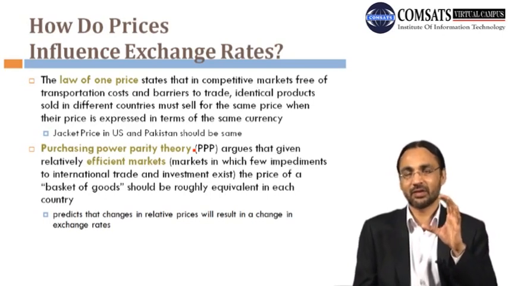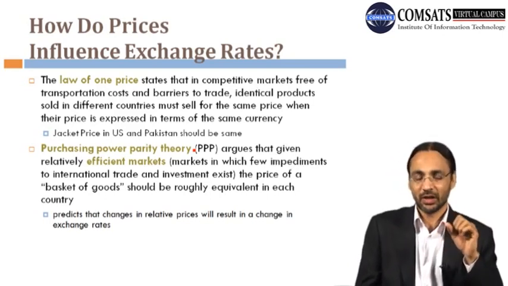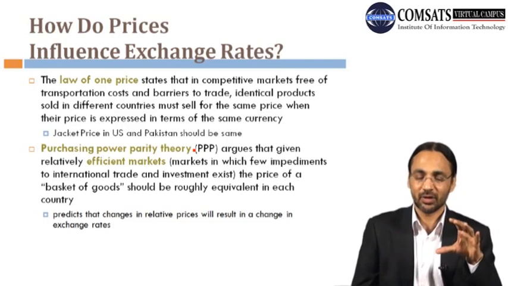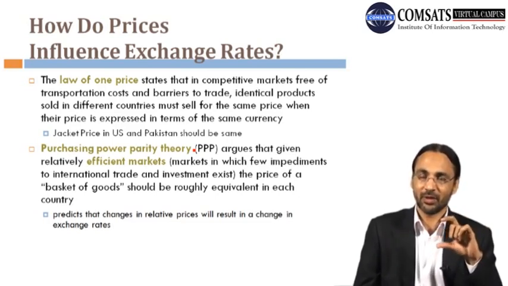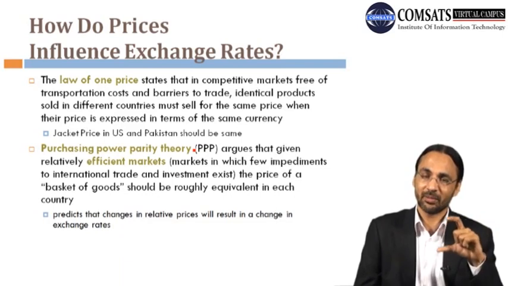It's saying that if we talk about the Big Mac, if the price of a Big Mac is 200 rupees in Pakistan, the price of that Big Mac should be $2.